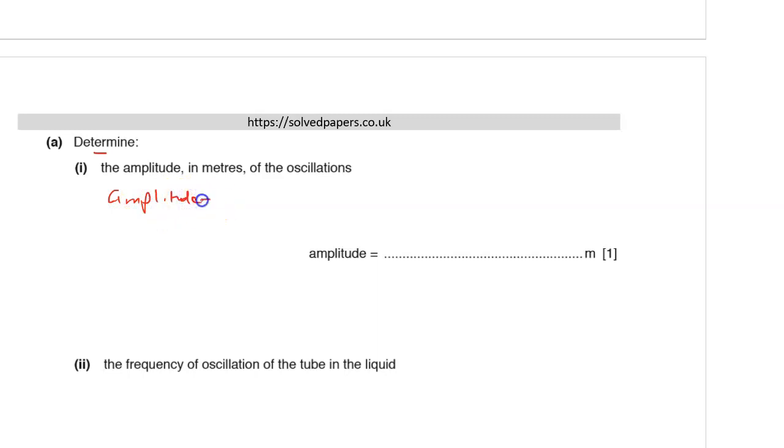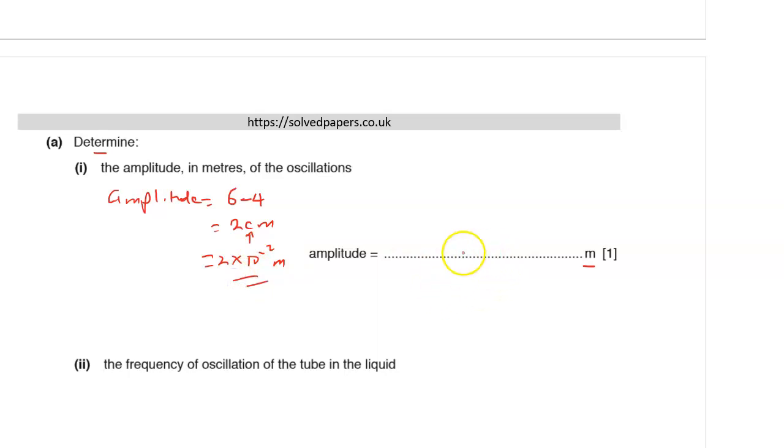Of course, the amplitude is to be in meters, so you change these 2 centimeters into meters, which will be 2 times centi, 10 raised to power minus 2 meters.